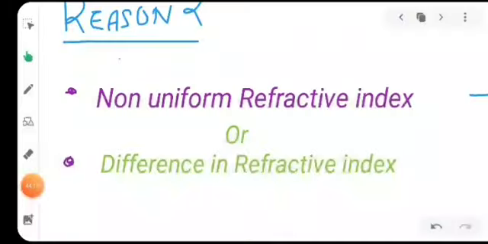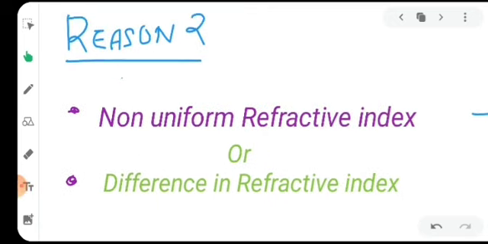So this non-uniformity in refractive index is the cause of the so-called visibility. That is what non-uniform refractive index causes, and it helps you to clearly see even transparent materials.